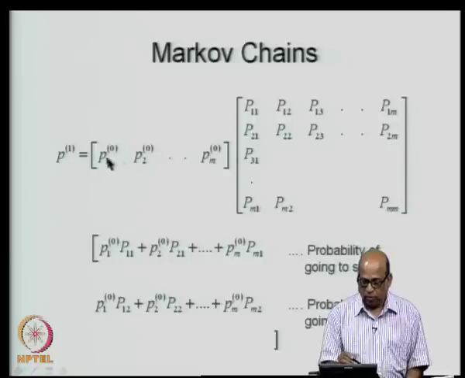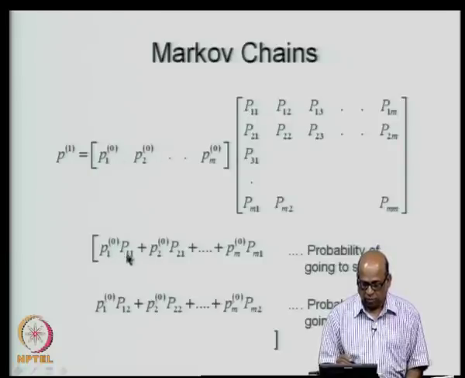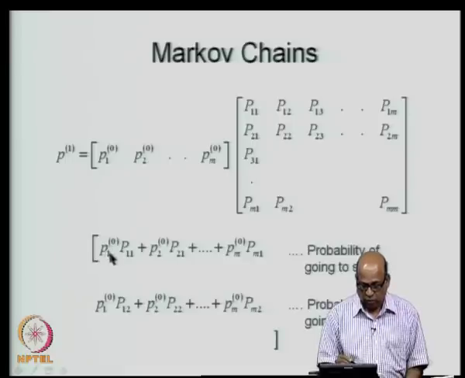What does this give when we multiply this? p_1^0 into p_11. Look at this term: you were in class interval 1 in time period 0 with a probability of p_1^0. Once you are in class interval 1, the probability that you go into class interval 1 in the next time period is p_11.